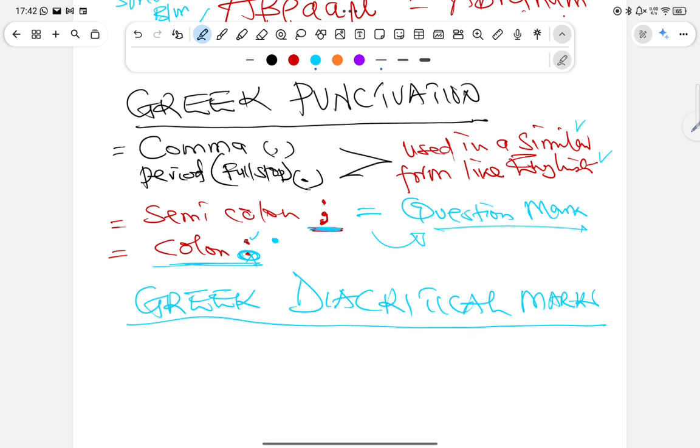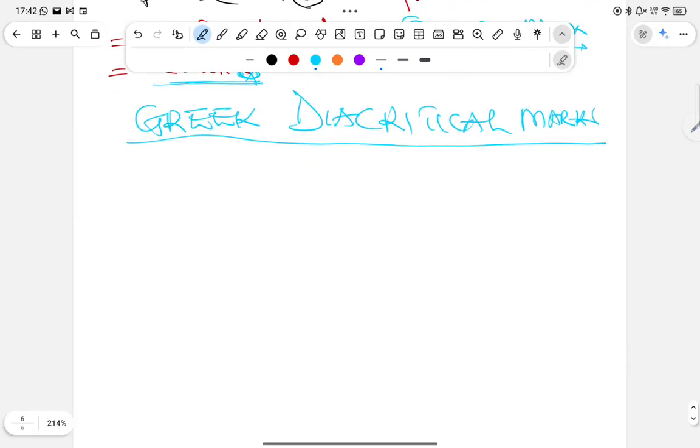Now, this one's actually interesting. The diacritical marks, there are 3 diacritical marks, which is going to be interesting as we look at them. The first diacritical mark is the apostrophe.